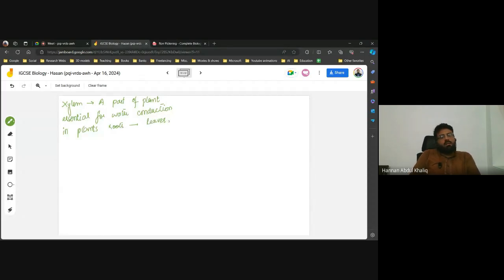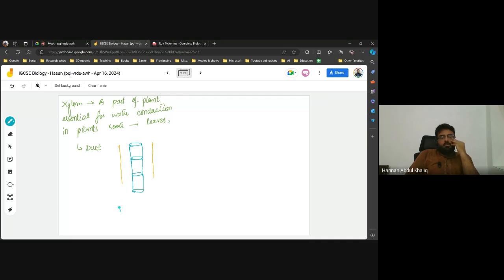So it is just like a duct, and suppose that if this is the stem, then the xylem is arranged like this, and then this, like this.